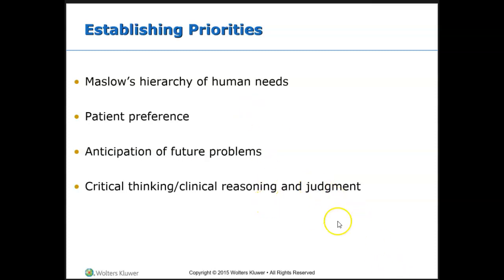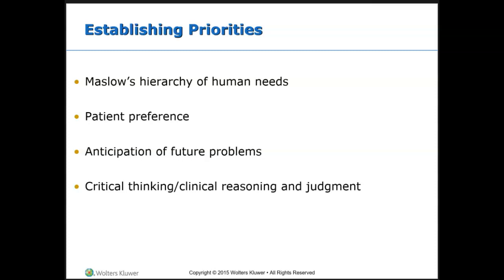All of these things help us to establish our priorities and to put them in order of importance, right? So again, step one, identifying potential diagnoses. And then once the health problem or human response to the health problem has been identified, nurses then ask another question.